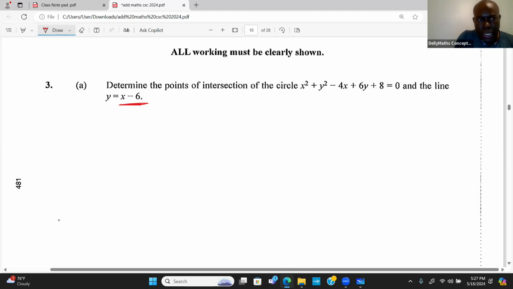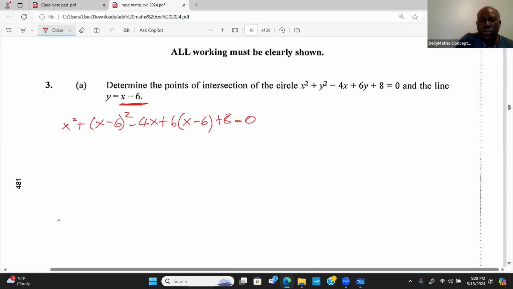So let us write out what we have. We're looking at x squared plus y squared, but I'm going to write y as x minus 6, so x minus 6 squared. Then minus 4x plus 6y, remember y is x minus 6, plus 8, and this is equal to 0.